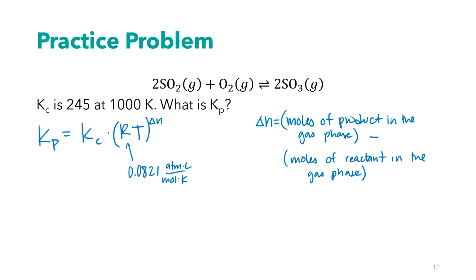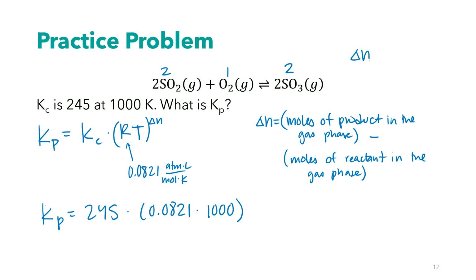All right, let's plug these in together. So you get this question, Kp equals 245 times, and I'm just going to plug numbers in, dropping units, and then to the delta N. This is where I think I normally have it the other direction, and you get a positive number. In this case, you should have gotten a negative number. I took 3 moles on the reactant side, I had 2 and 1, and I turned them into just 2.